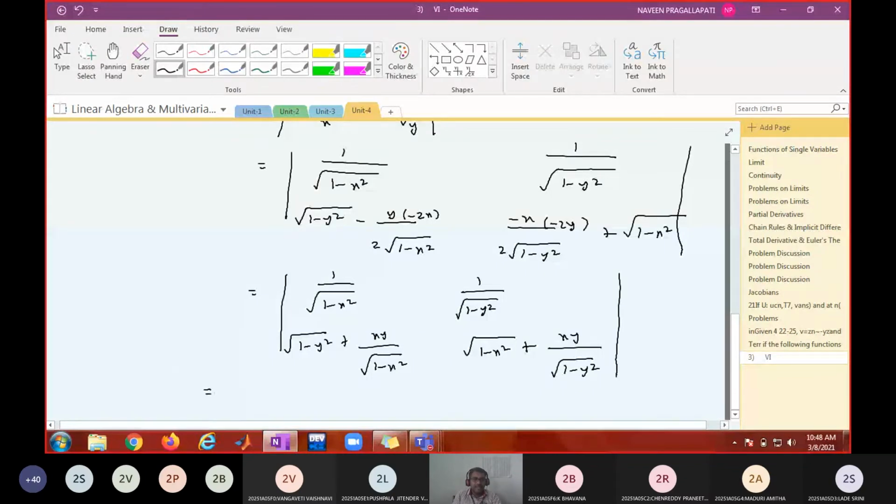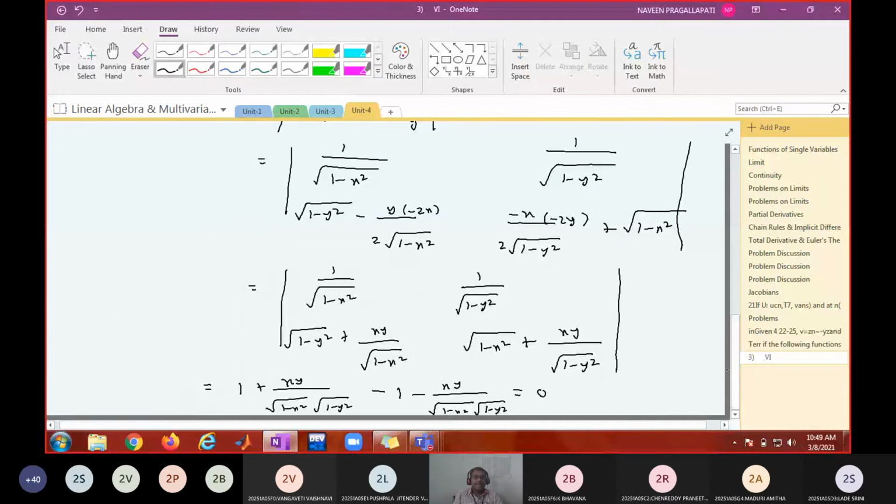Are you getting 0? When I take the determinant, these two get cancelled. So 1 plus xy by root of 1 minus x square into root of 1 minus y square, minus 1 minus xy by root of 1 minus x square into root of 1 minus y square. 0. Therefore, U and V are functionally dependent.